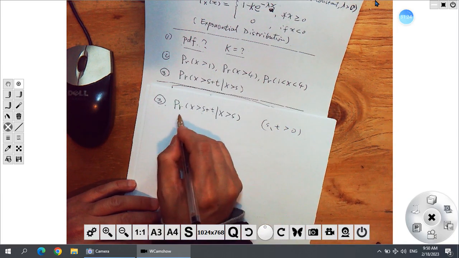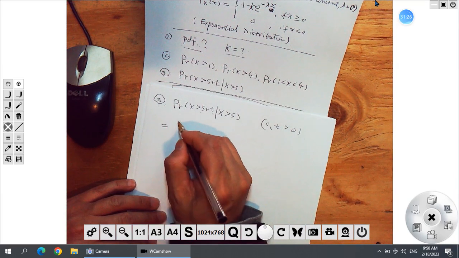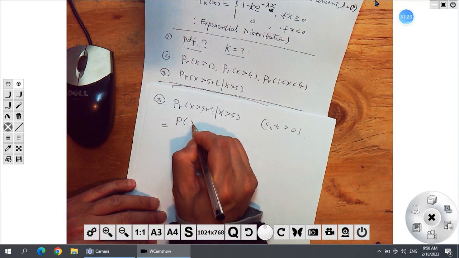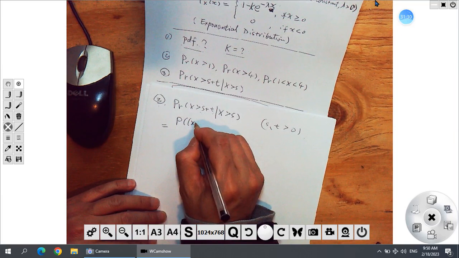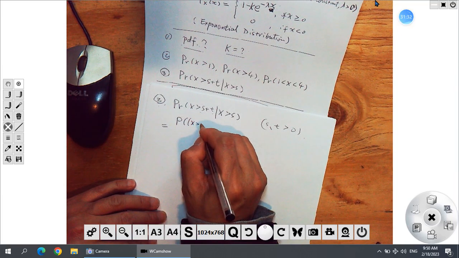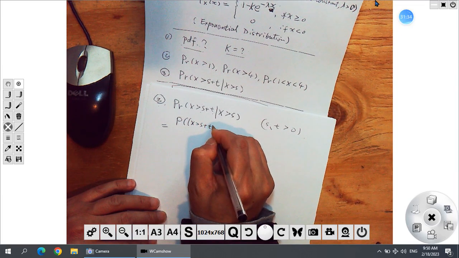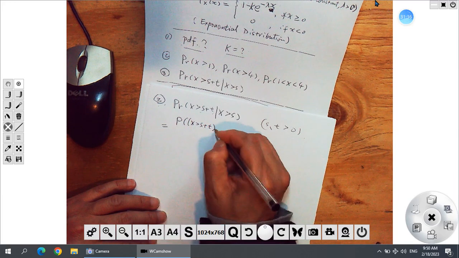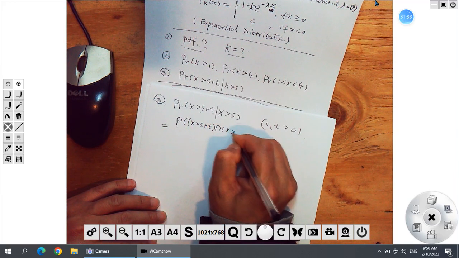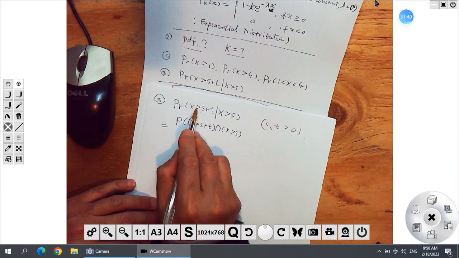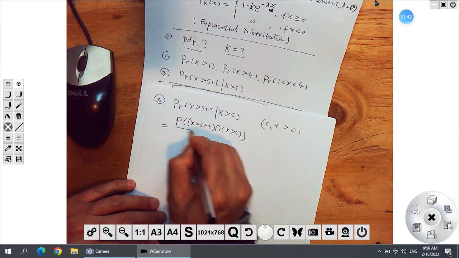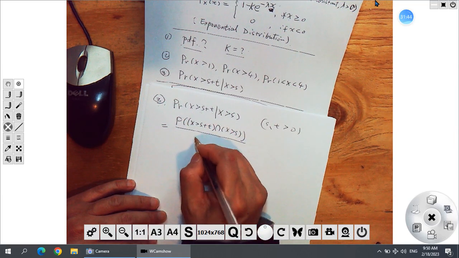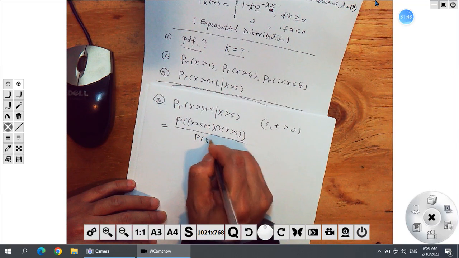So what is it? The numerator is the intersection of two events, X larger than s plus t and X larger than s, over the condition, which is P of X larger than s.